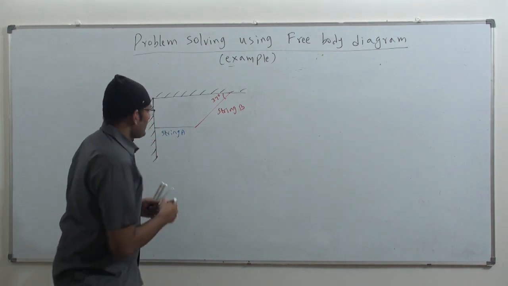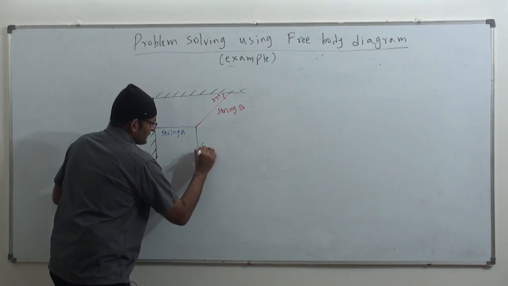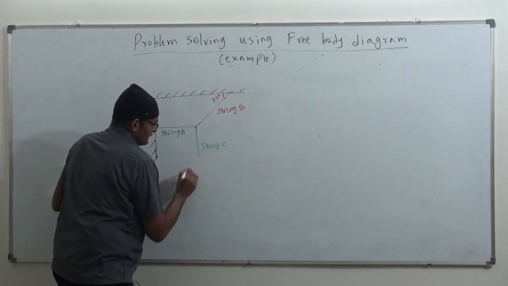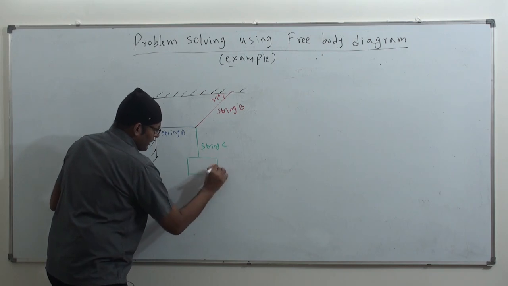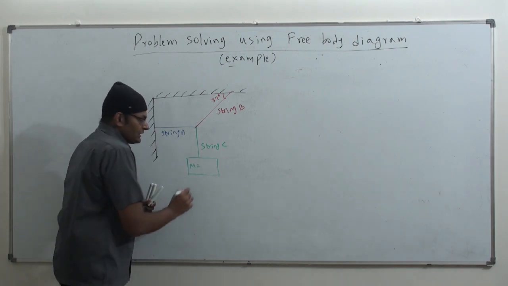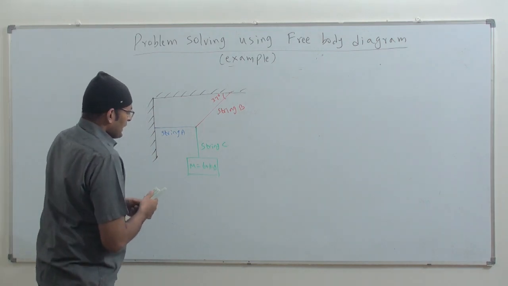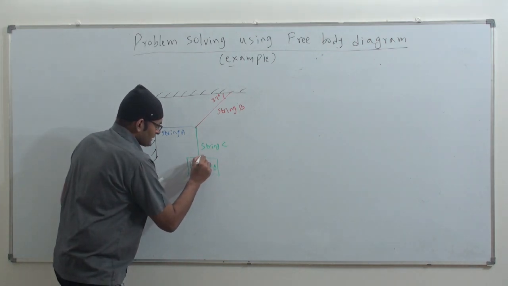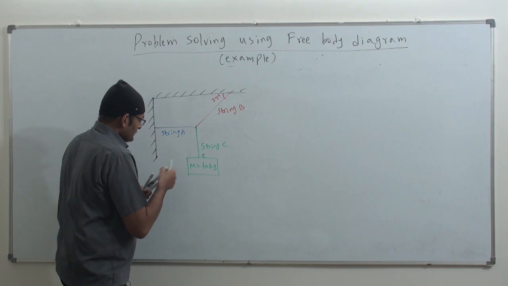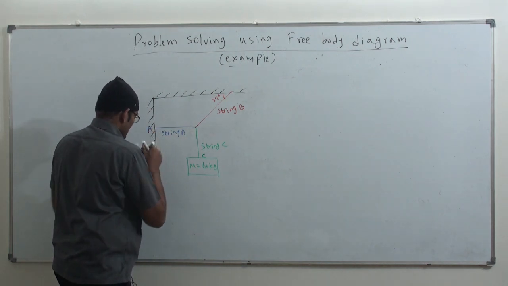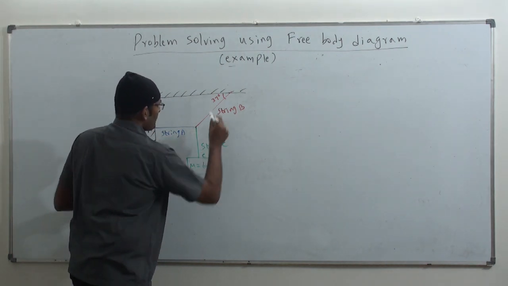Then I'll take another string C, and a block of mass M equal to 60 kg is hanging from this point. Let's take this as point C, this as point A, and this as point B.